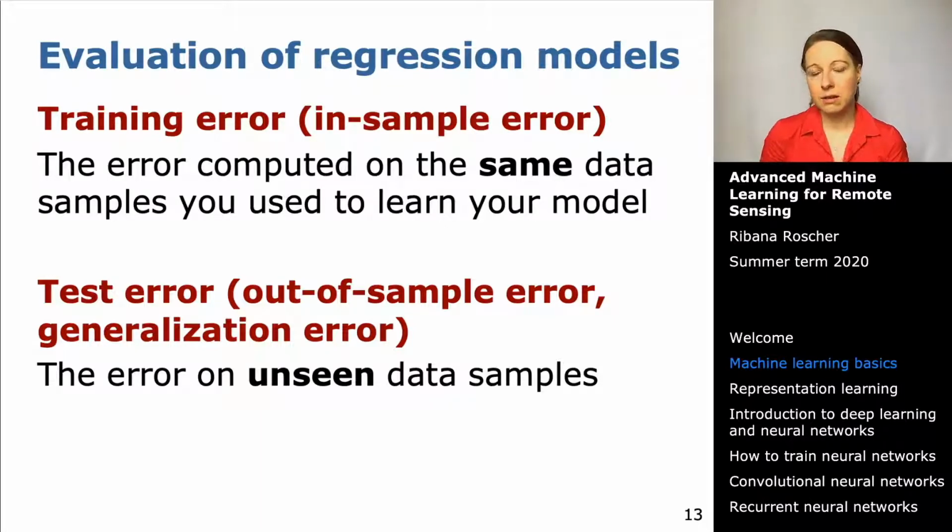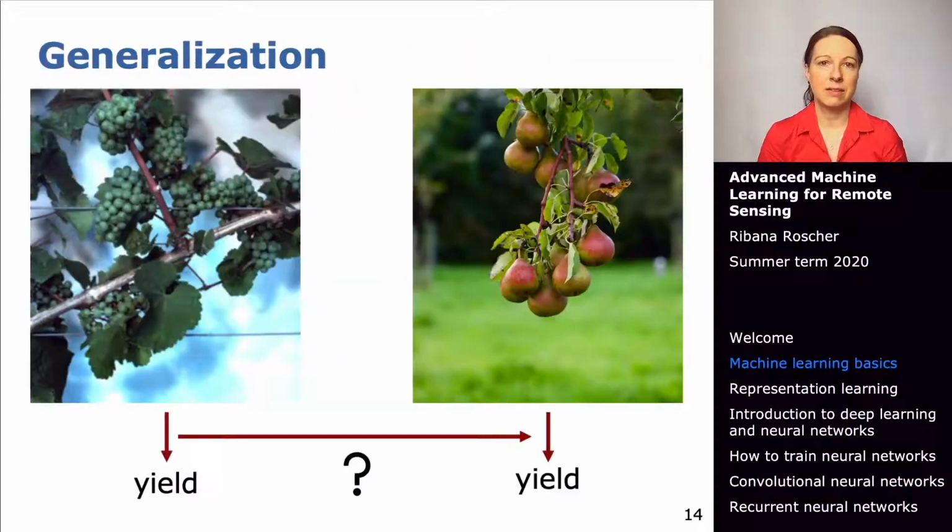And the test error is also called out-of-sample error or generalization error, and this is the error you get on unseen data samples. This is an independent set of data samples, and this indicates how good your model will behave on other data than your training data. And this is called generalization.